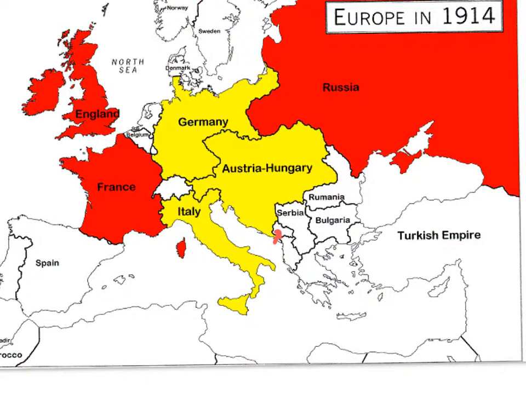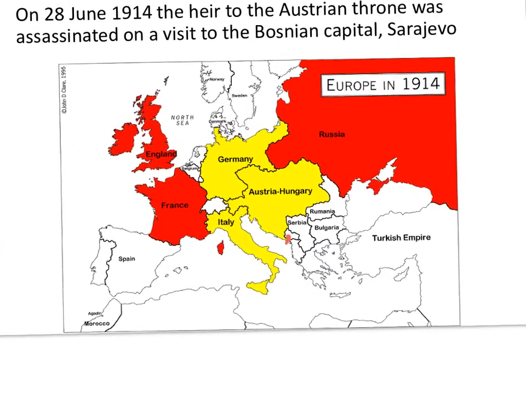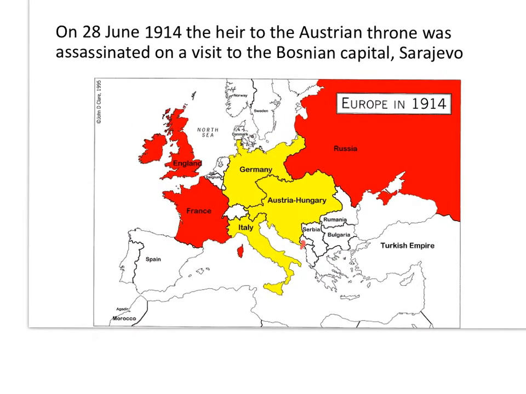Now, the heir to the Austro-Hungarian throne, the Archduke Franz Ferdinand, visited the capital of Bosnia, Sarajevo, on the 28th of June 1914. And as we famously know, there were Serbian terrorists on the streets who assassinated Franz Ferdinand during that visit.